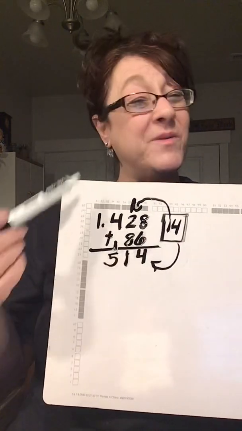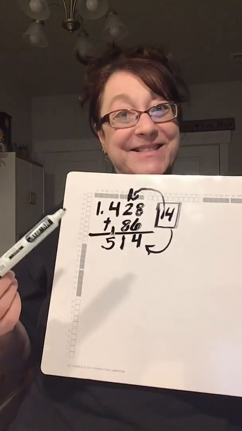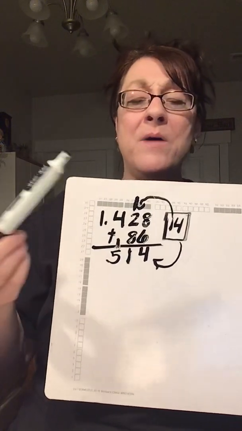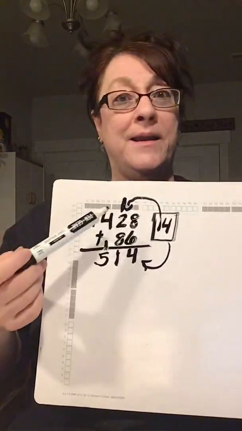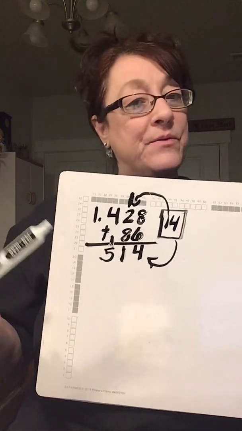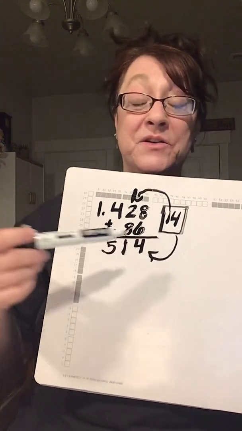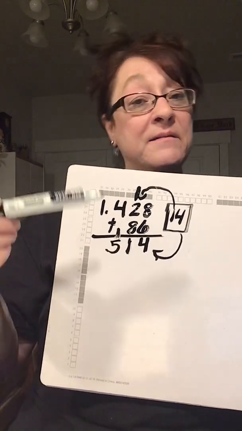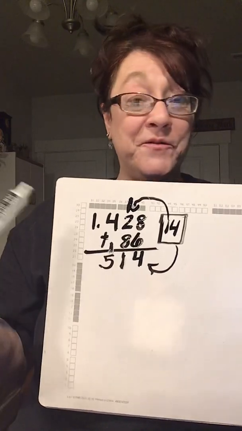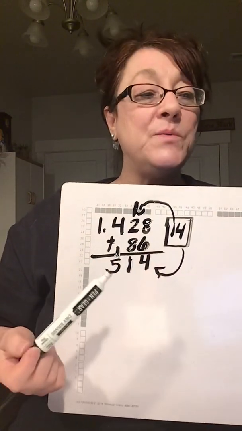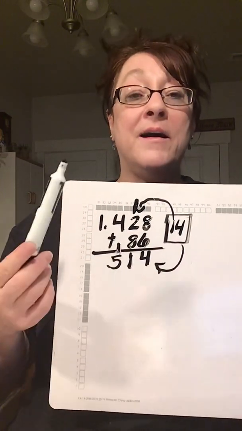Remember what this is all called? Nowadays, we call it regrouping, right? But Mom and Dad probably called it carrying. And so I use it both ways. That way, Mom and Dad can understand what you're doing, and you can learn some new things too, and they can learn from you.